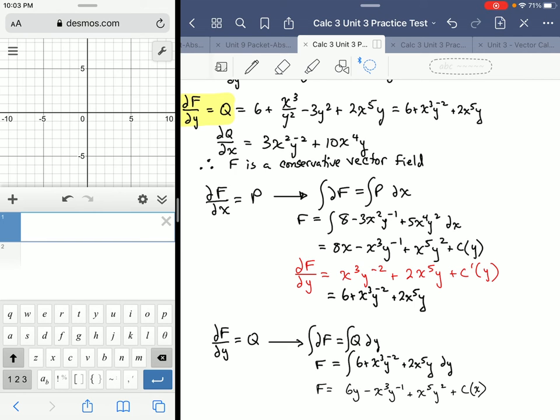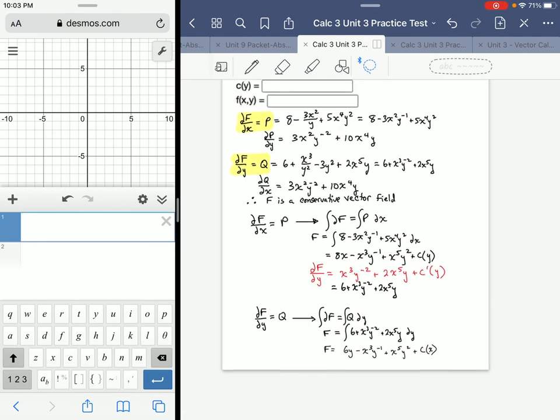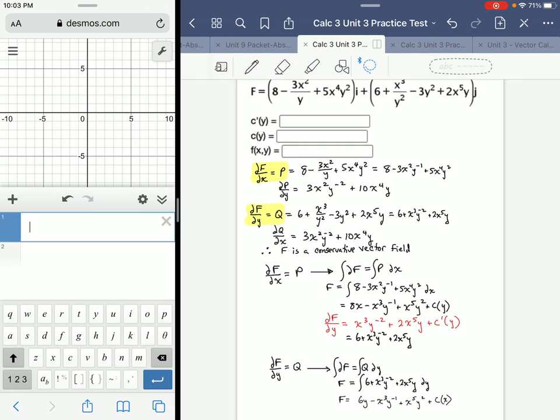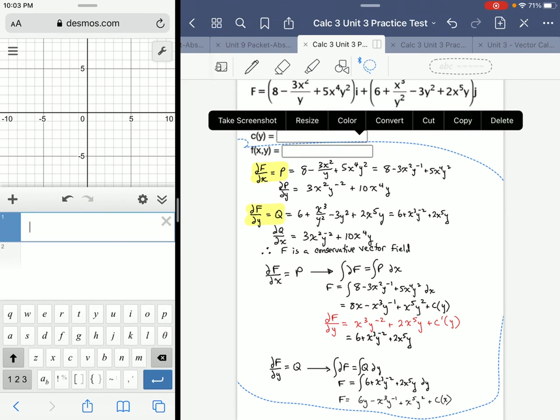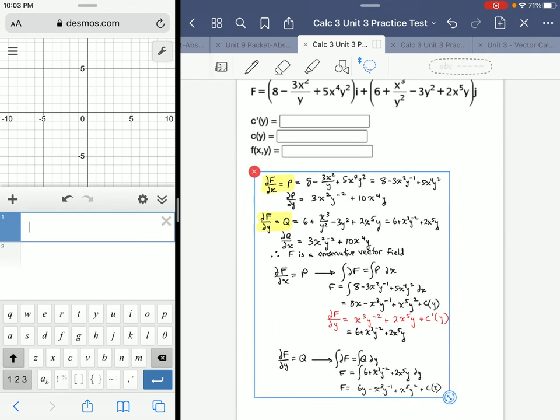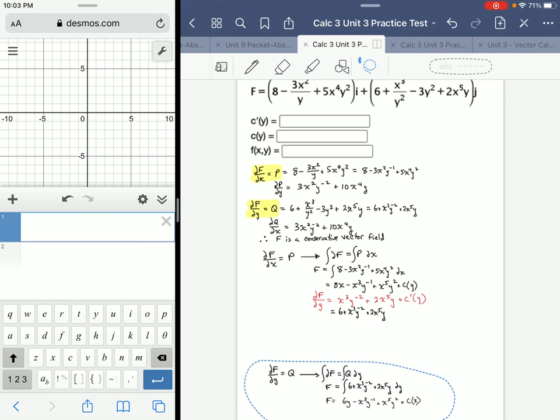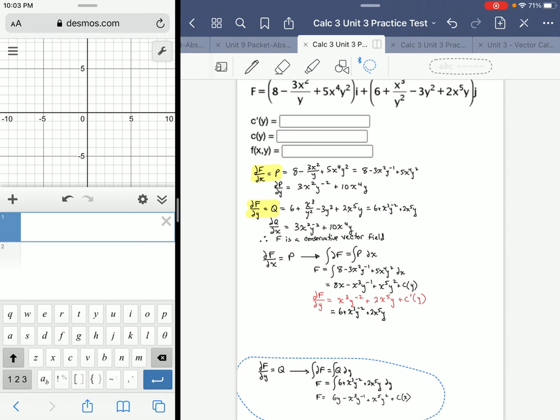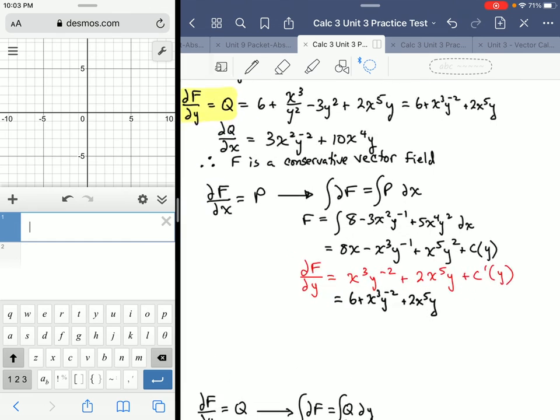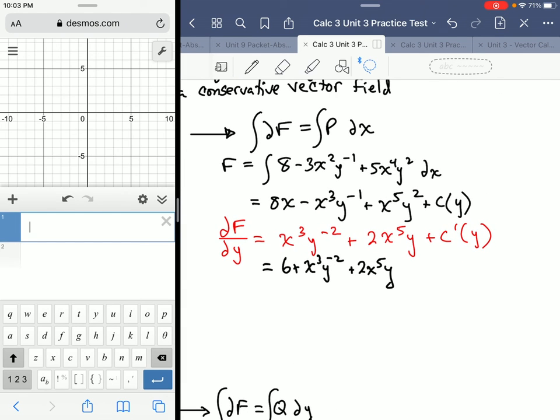So they have to be equivalent in some capacity. Let me just resize it again, because why not? You can see that everything in terms of the fill in the blanks is in terms of c of y. So that seems to be the focus of this. We can go after it either way, but this seems to be the avenue that the problem is suggesting that we go down.